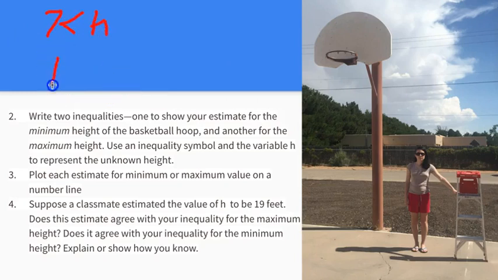We also figured out that 12 feet is going to be greater than the height of the basketball rim, because we know that the height should be less than 12 feet. If we talk about a number line, if we start this at 0, and we were going to plot those, we know that it's going to be somewhere between the 7 and the 12 on a number line, right?